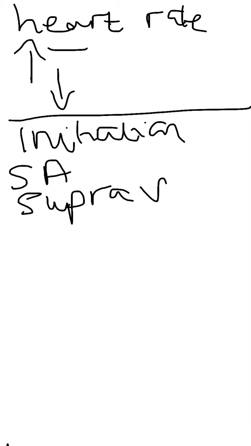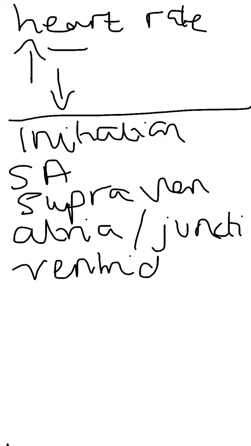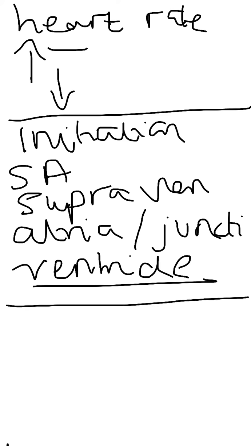Supraventricular means anything above the ventricle, so you're talking about the atria and the junction. The atria and the junction are supraventricular, or it could be because of ventricular activities. In the ventricle, we can also have issues that either slow down or increase the rhythm of the heart.